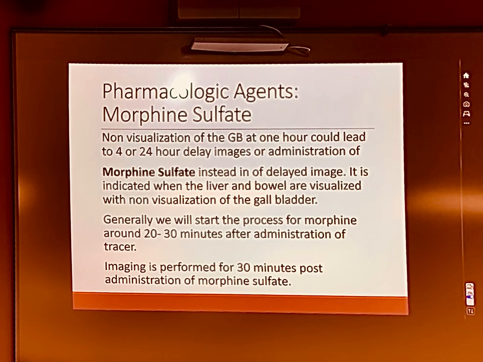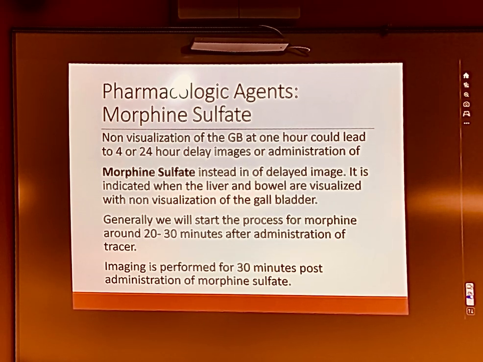So, for these pharmacologic agents, when you have non-visualization of the gallbladder at 1 hour, that typically leads to a 4-hour or a 24-hour delay. Okay. If you don't want to do a delayed image, or your radiologist says we're not doing delayed images, you can administer morphine sulfate instead of taking those delayed images.